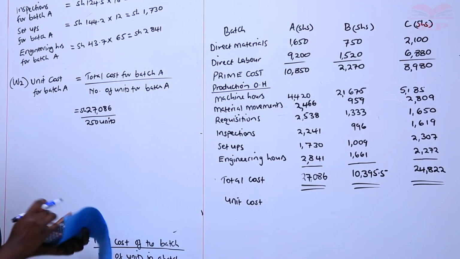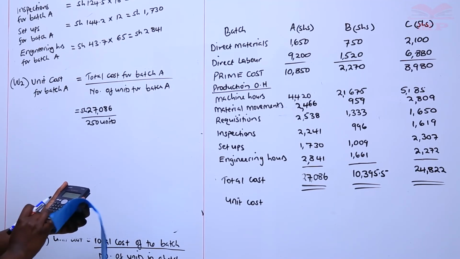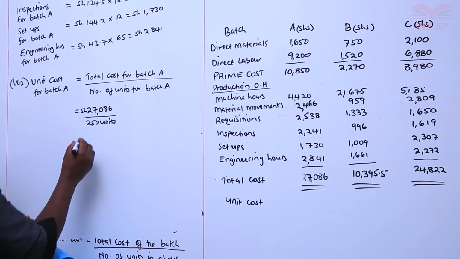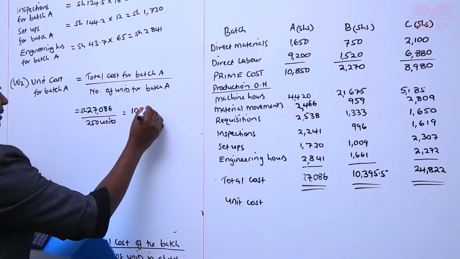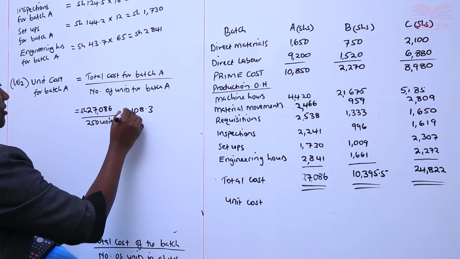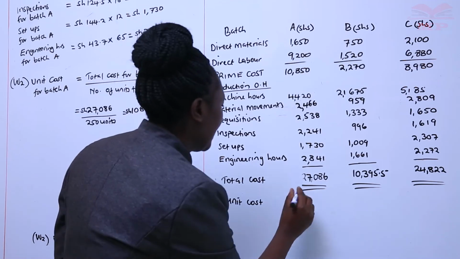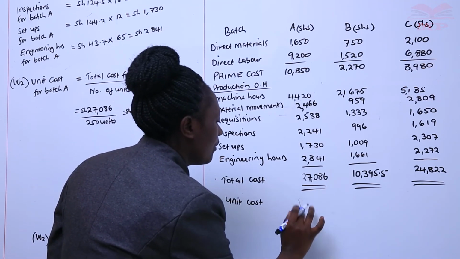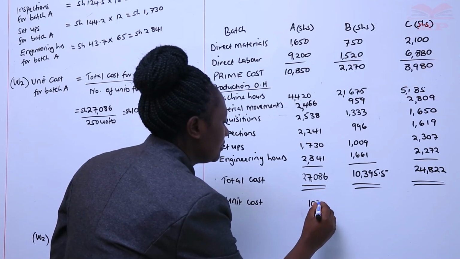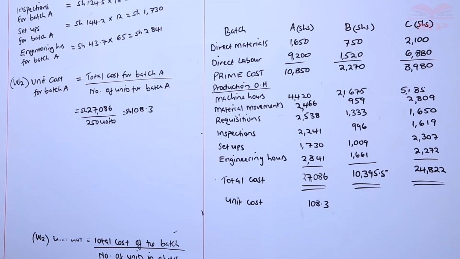When you calculate this, you will get 108.3 shillings. So we now bring that unit cost under batch A, and that is 108.3.